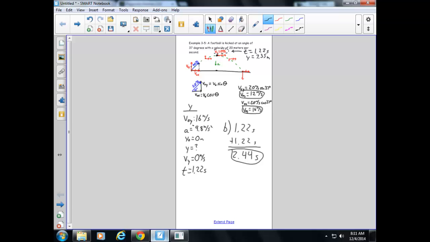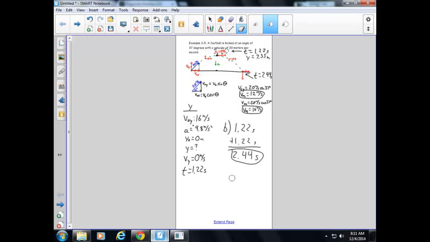I believe that the book has 2.45 seconds of total flight. I believe they rounded something slightly differently than we did when we calculated the 1.22. Either one of them is a completely legitimate solution. So we can add that right there: time equals 2.44 seconds. And then we can erase that.